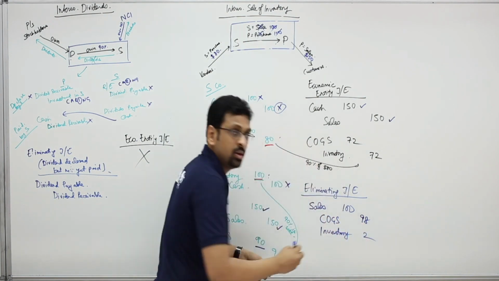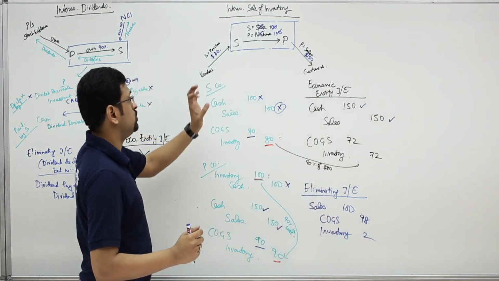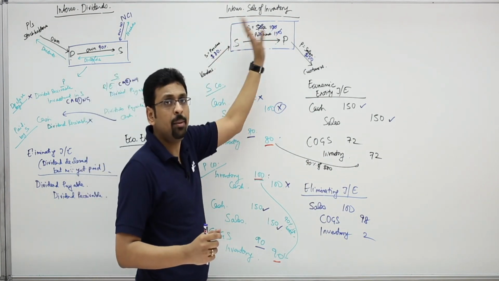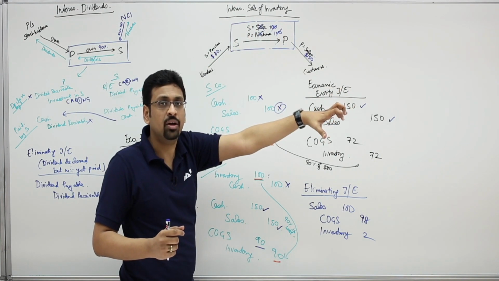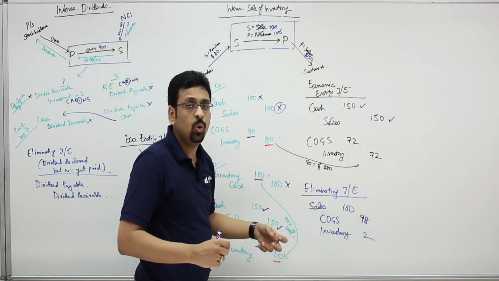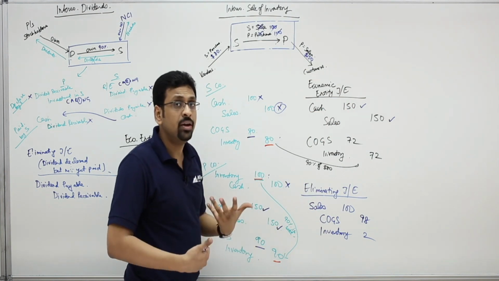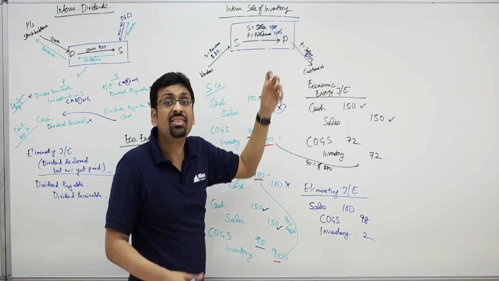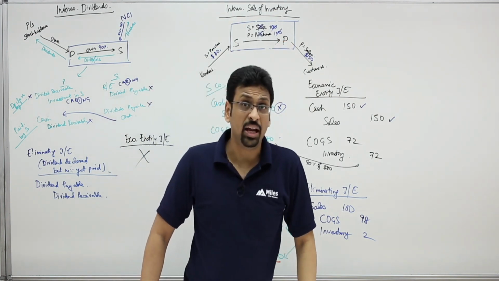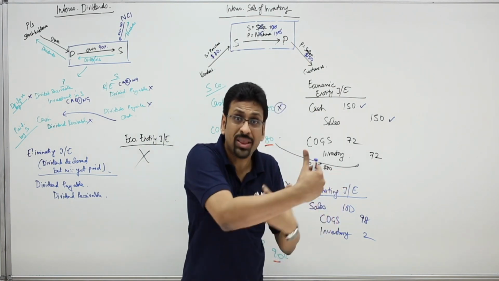eliminating journal entry. If you recall, if all the goods which have been sold in intercompany sale of inventory have been sold to outsiders at the end of the year, the eliminating journal entry only had sales debit and COGS credit. The problem here is there was some unsold inventory and there was a profit in that inventory. We cannot have profit when we are selling inventory within the company.